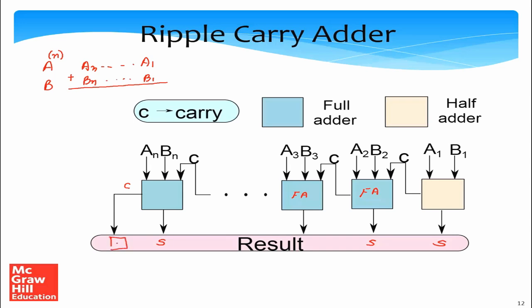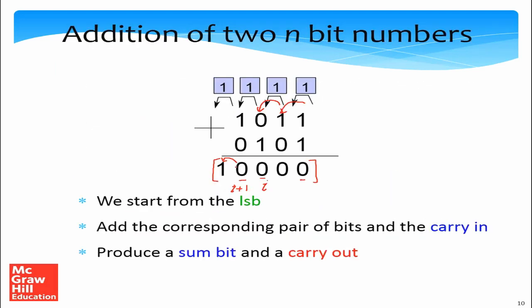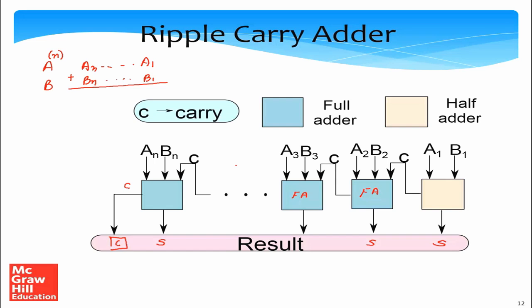This is exactly the same as the addition that was done over here. The only important point to note here is that at the least significant position, we have a half adder because there is no carry input, and the rest of the adders are full adders.